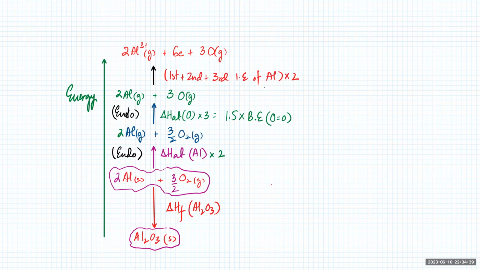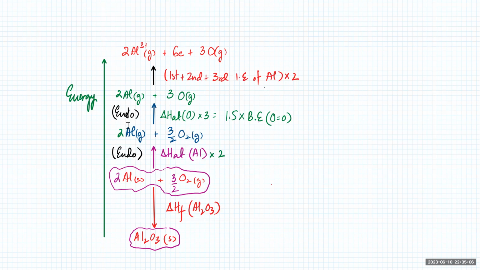I don't understand the equation. No, which one? 2Al3+ plus 6e plus 3O. See, I had Al, right? Basically, what I'm trying to do is I've got the elements, and I'm trying to make the ionic lattice, right? So what do I need to do with aluminium? I would have to first break the metallic bonds of aluminium. So I did that, so that's an aluminium gaseous atom.